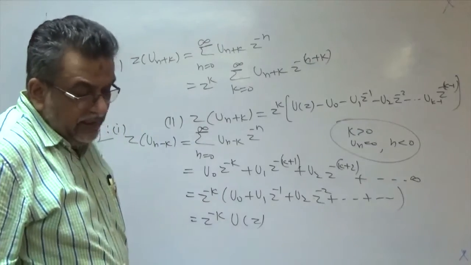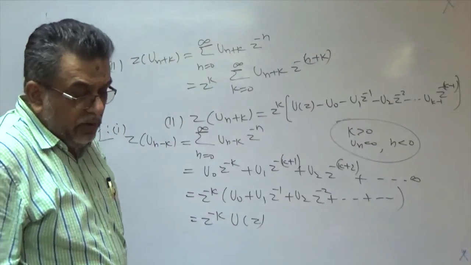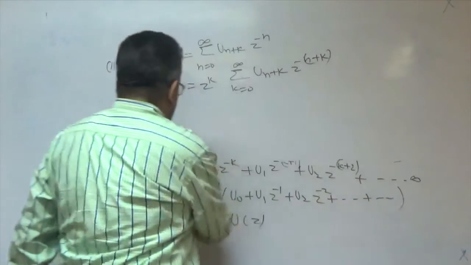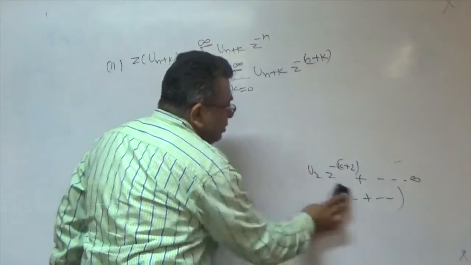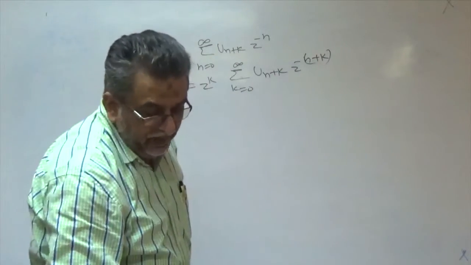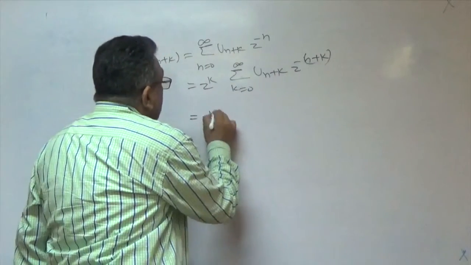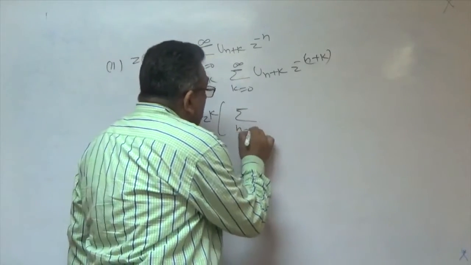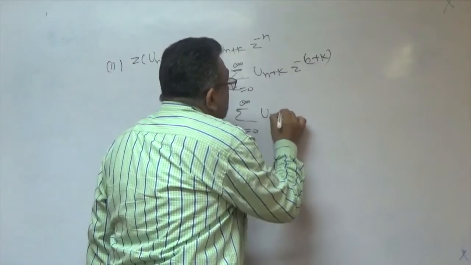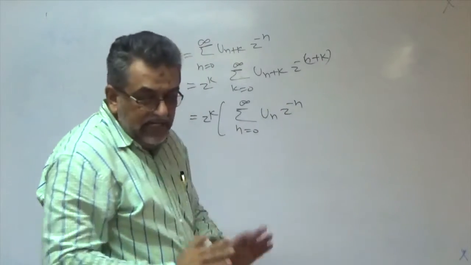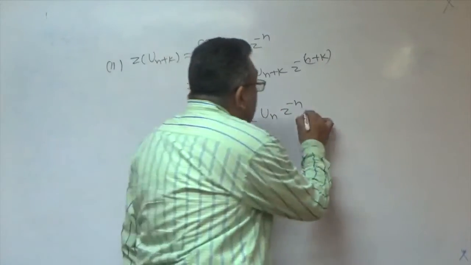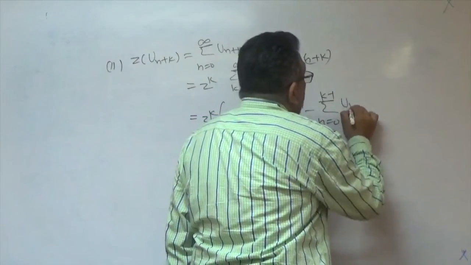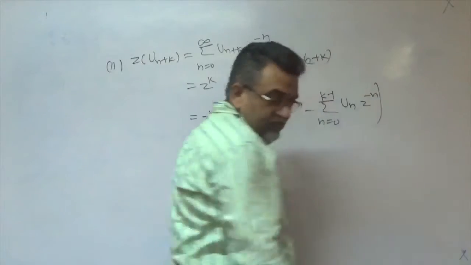Now if you open this by putting n equal to 0 and so on, the series will break into two parts, with z to the power k outside. In the first part, we take n equal to 0 to infinity of un z to the power minus n, meaning the entire series. In the second part, n equal to 0 to k minus 1 of un z to the power minus n.